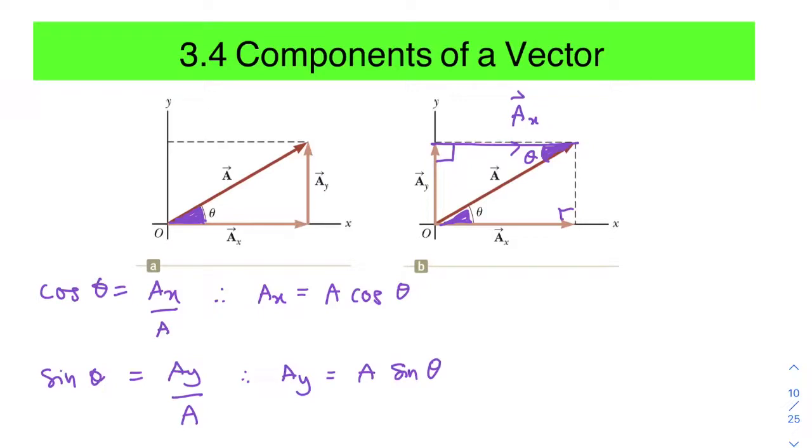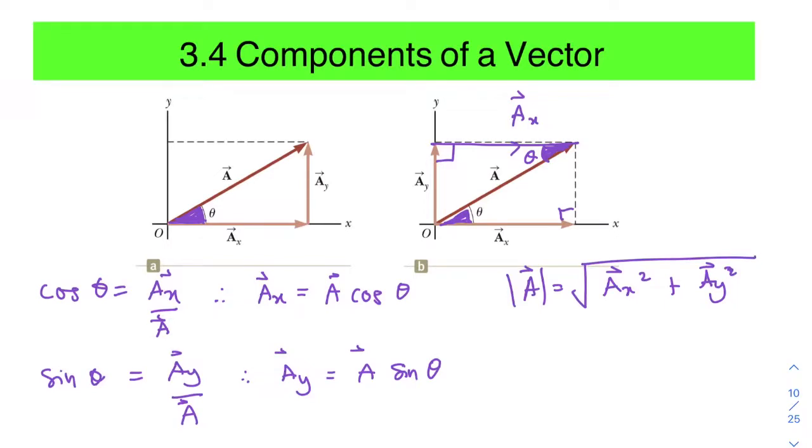Okay. How about magnitude? The magnitude of the A, the hypotenuse, is equivalent to the magnitude of A, square root of, forgot the arrow, square root of AX square plus AY square.